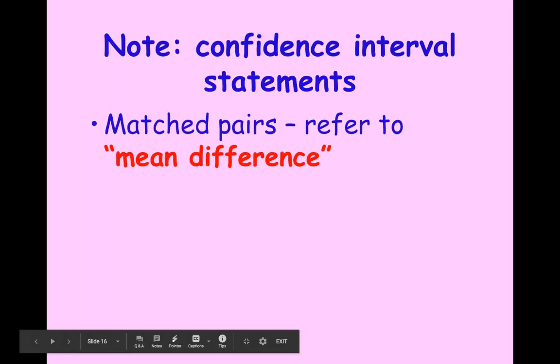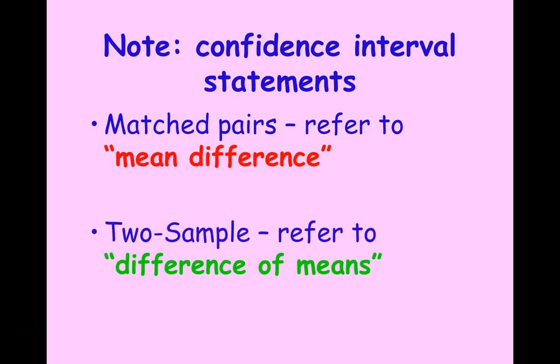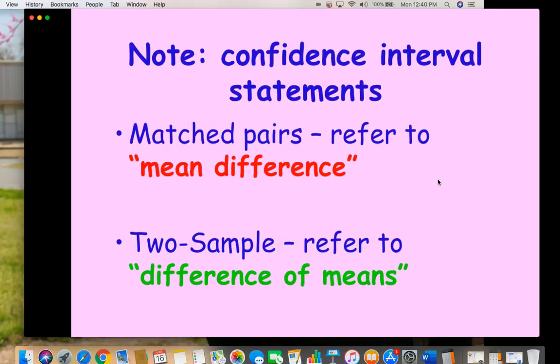So when we are looking at confidence interval statements, and this is a little confusing, matched pairs, which is what you did in your project, and also what we've done a few times now, is a mean difference. And what we're looking at here with a two-sample is a difference of means. So when you did your matched pairs, you actually subtracted every single value and did everything based on that one column.